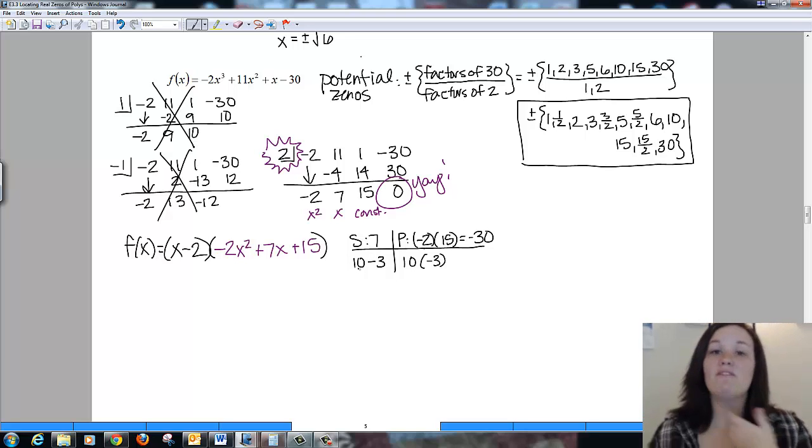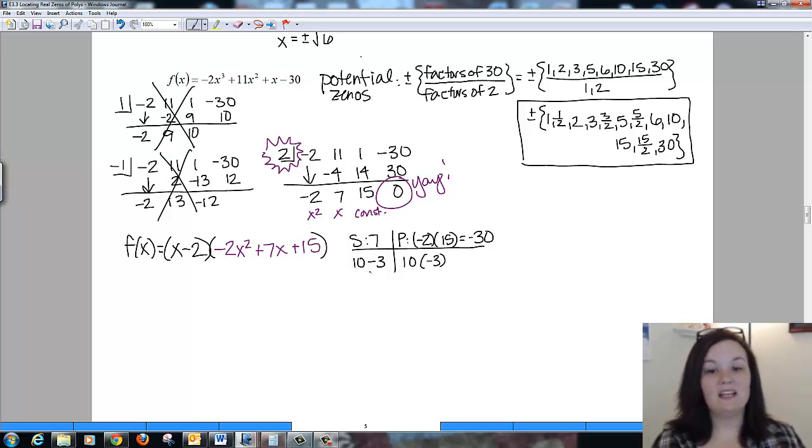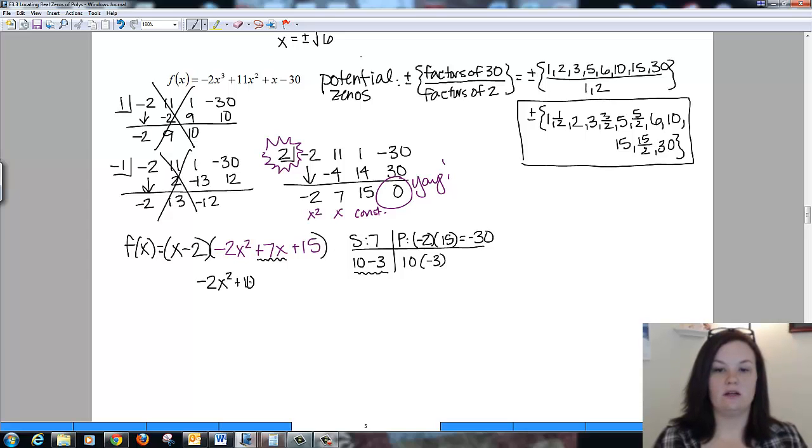Now my leading coefficient is not a 1. When my leading coefficient is not a 1, I take this pair of terms and replace my middle term so that I can group. So I'm going to do -2x squared plus 10x minus 3x plus 15, and then group. Again, if you know how to factor this using trial and error, I'm fine with that.